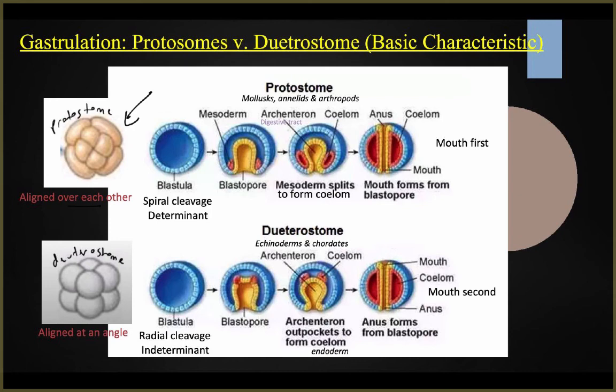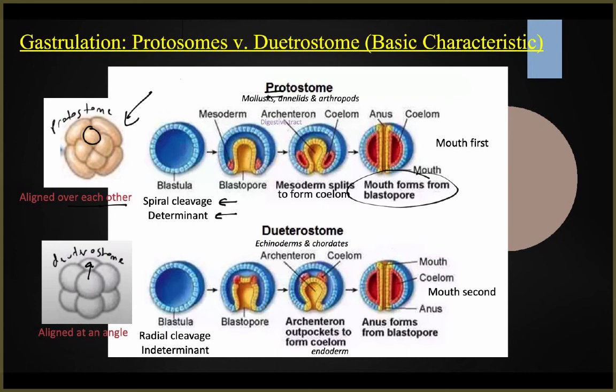So if you have something here, it's going to be right underneath it. Whereas here, they're off to the side, at an angle. If they're right over each other, it's a spiral cleavage, and it's called determinate, and it means they're going to make the mouth from the blastopore first. Think pro for first.